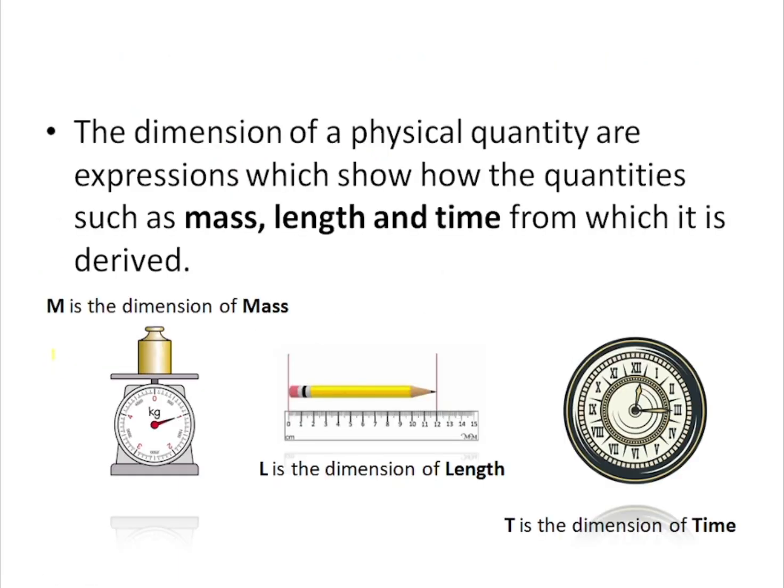The dimensions of a physical quantity are expressions which show how the quantities such as mass, length, and time from which it is derived. For example, M represents the dimension of mass, L represents the dimension of length, while the capital T represents the dimension of time.